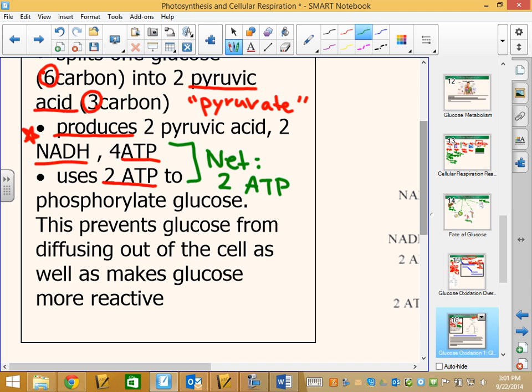I think I might have mentioned this before. If you have a job, you probably get a paycheck, and on your paycheck it says net pay. That's the pay you get after they take off all the taxes. That's the idea we're discussing here. The word net means overall. If I consider everything that went in and came out, what do I have? So since I had to use up 2 ATP to get this going, my net result is that I get 2 ATP produced.